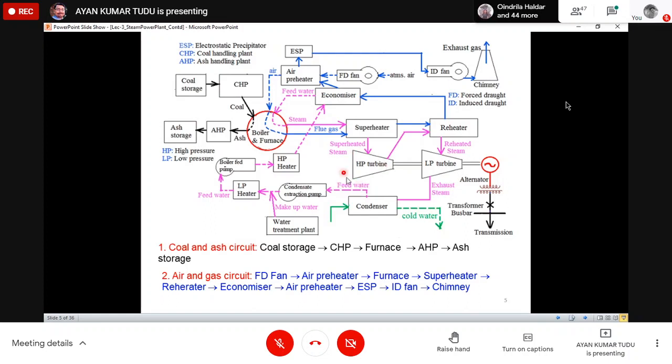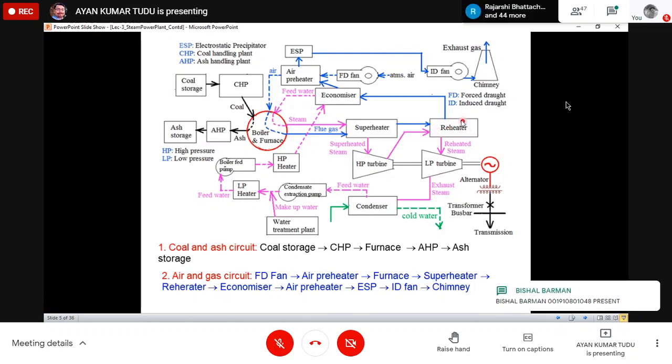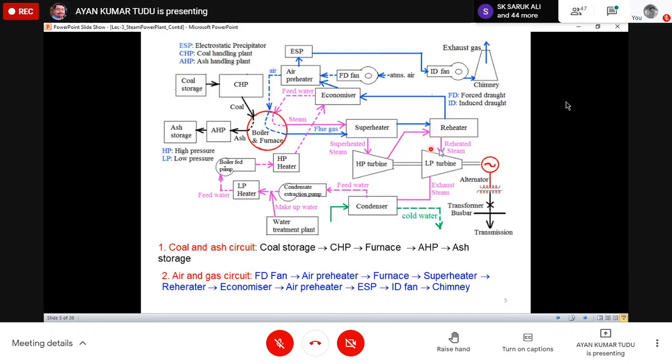After expansion in the high pressure zone of the turbine, the spent steam is taken to the reheater zone, where further heat is applied to the steam at constant pressure. After that, it is passed to the LP turbine for our case. So there may be a three-stage turbine also.